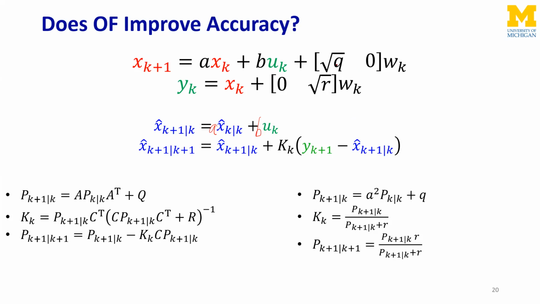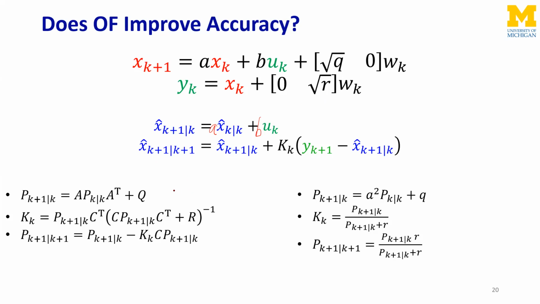The variance of the process noise is going to be Q, because I'm going to do this matrix times this matrix transpose. So I'm going to end up with a Q for the variance of the process noise, and R for the variance of the measurement noise.